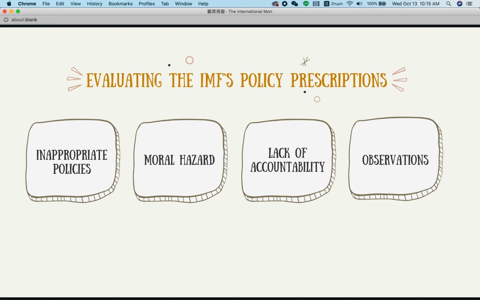In the case of the 1997 Asian crisis, critics argued that the type of macroeconomic policies put in place by the IMF were not well suited to countries that were suffering not from excessive government spending and inflation, but from a private sector debt crisis with a deflationary undertone.